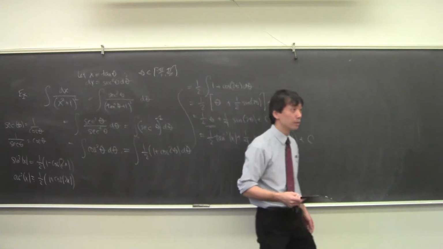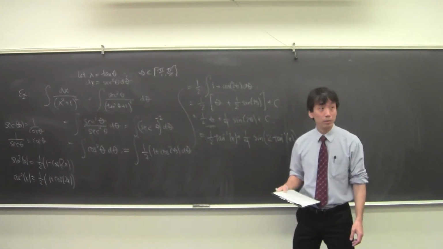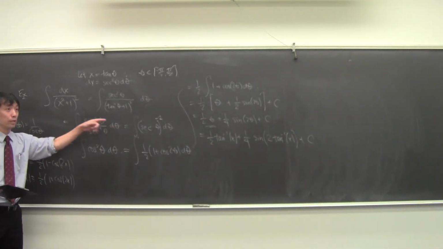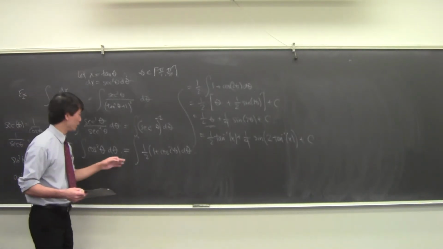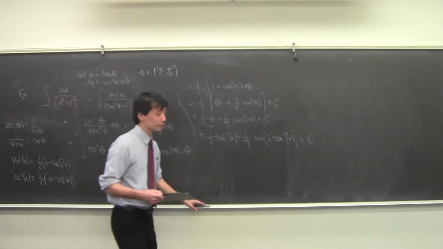Would you have to write cosine also negative 2? It's secant to the negative 2 that is cosine squared, right? It's not cosine to the negative 2. Cosine to the negative 2 would be secant squared. Okay?